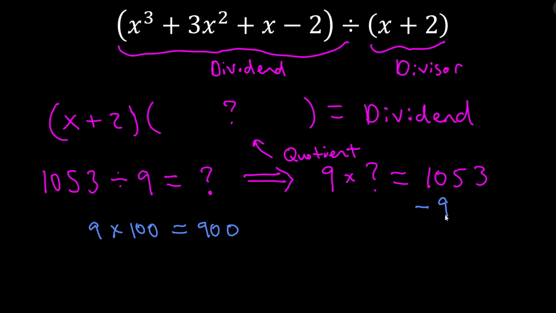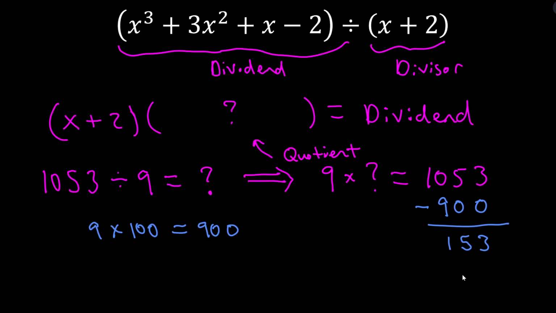To figure out what else I need to multiply, I can subtract. Now I get 153. Maybe I can say there's at least another 10 nines in 153, because 10 times 9 is 90. So we can use this process of multiplying and subtracting over and over till we have nothing left or there's a remainder. That's exactly what we do with polynomial division.